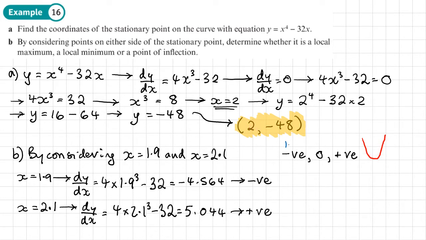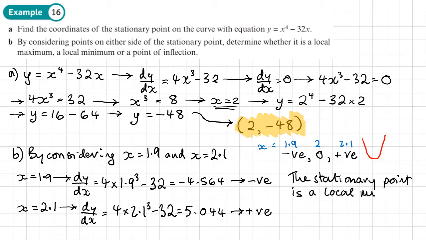So when x is 1.9, we get negative. When x is 2, we get 0, and when x is 2.1, we get that positive gradient. So the stationary point is a local minimum.